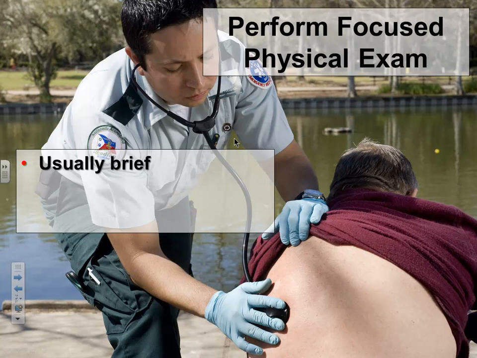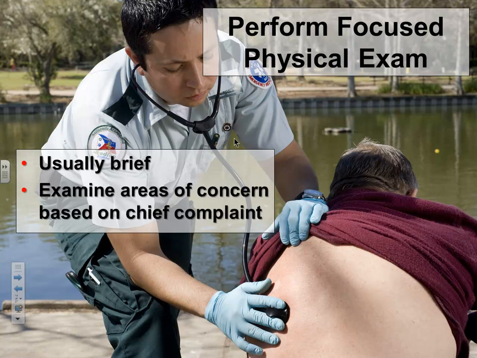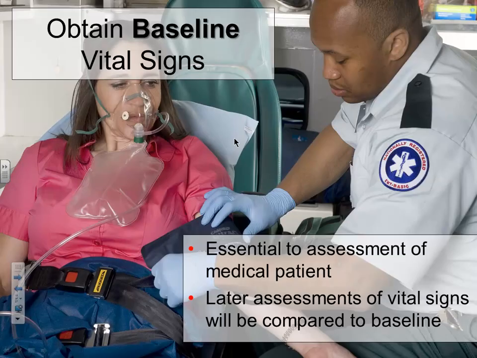We're going to look at it. What are we looking for when we look at it? Another acronym. DCAP-BTLS. Looking for deformities, contusions, abrasions, and all those. But you're examining wherever he tells you it hurts the most or where his problem is.